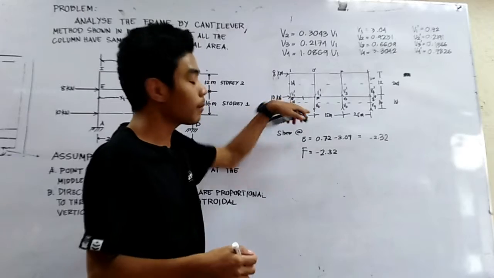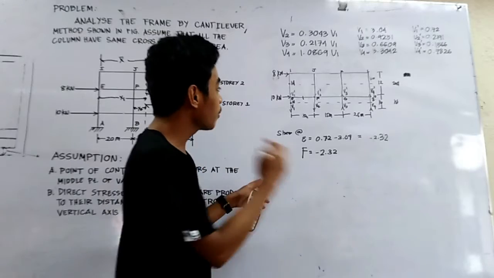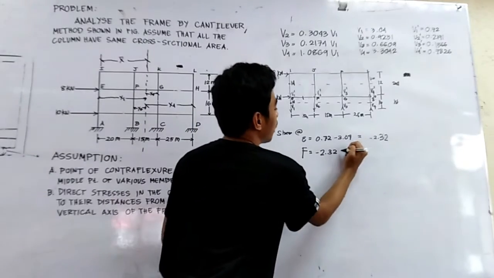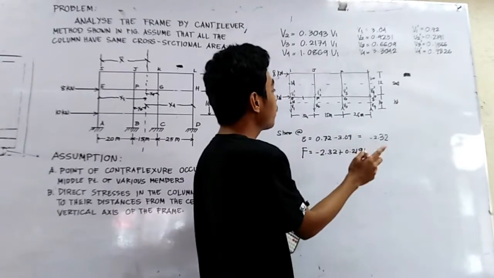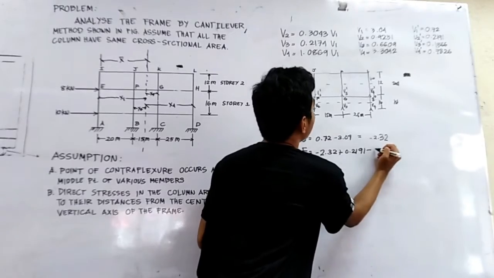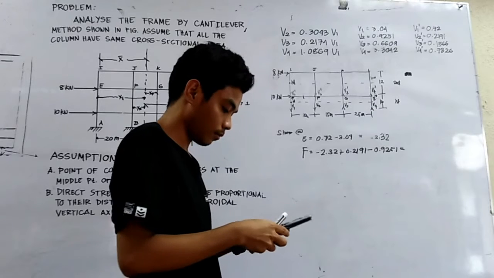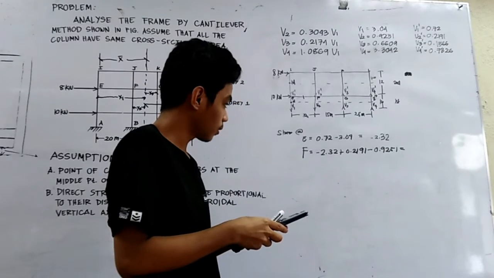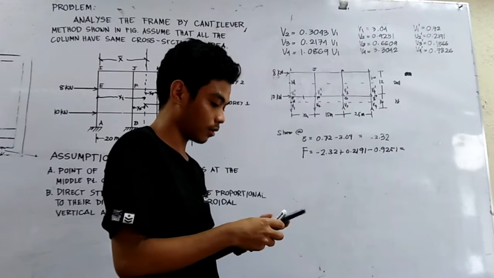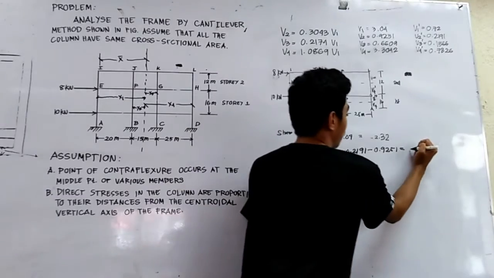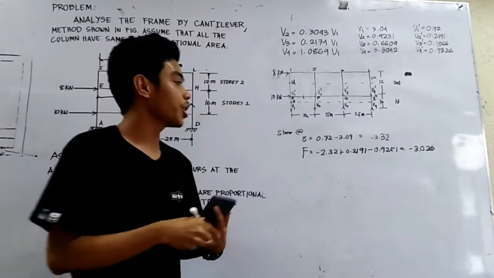Then our V2 moves away from point F, so that will be negative too. So our value is V2 prime plus 0.2191 minus V2, which is 0.9251, is equal to negative 3.026. So that is the value of our shear at point F.